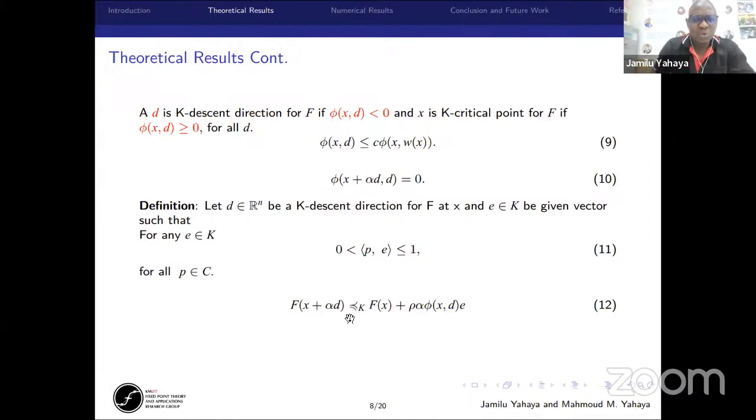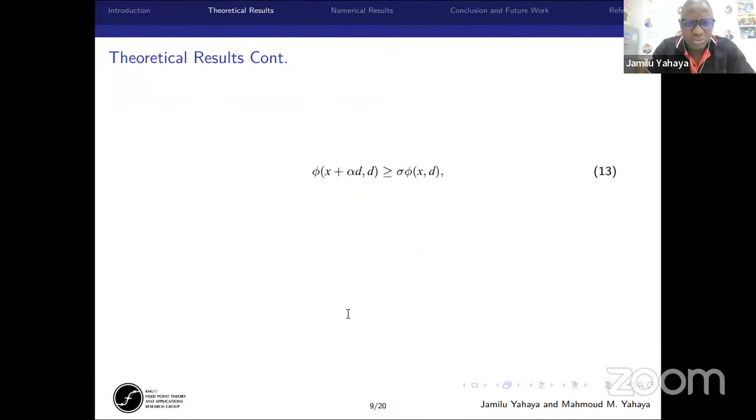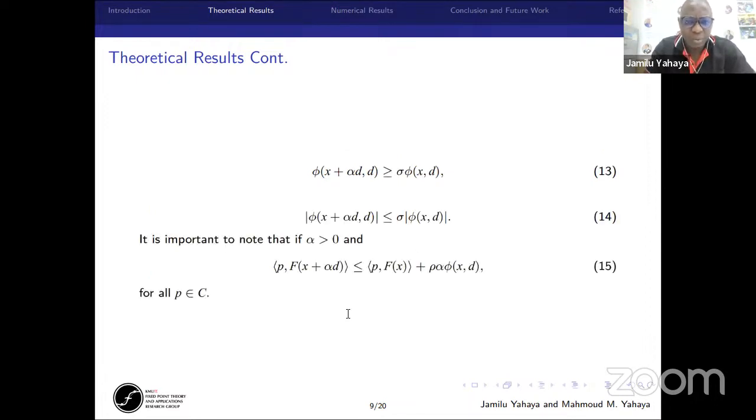Now, how do we establish this in the numerical settings? Because there is no way you can just say, okay, this partial order, you can write less than or equal to, or strictly less than, or something like that. So we have to find a strategy by which we can establish that.